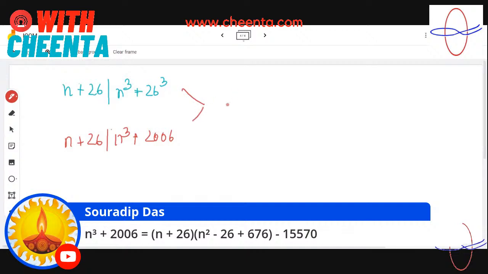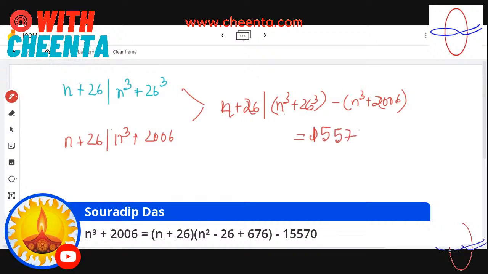So therefore, this implies what? N plus 26 divides n cube plus 26 cube minus n cube plus 2006, which is equal to 15570.